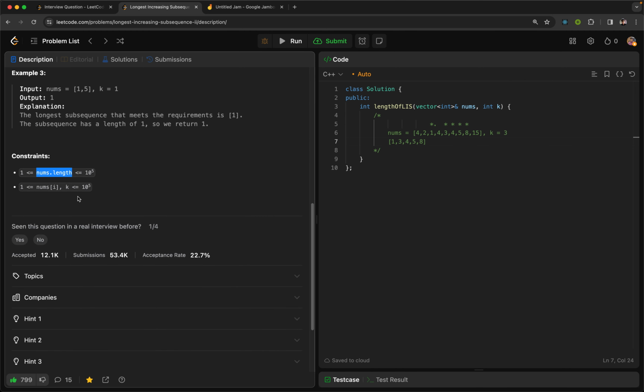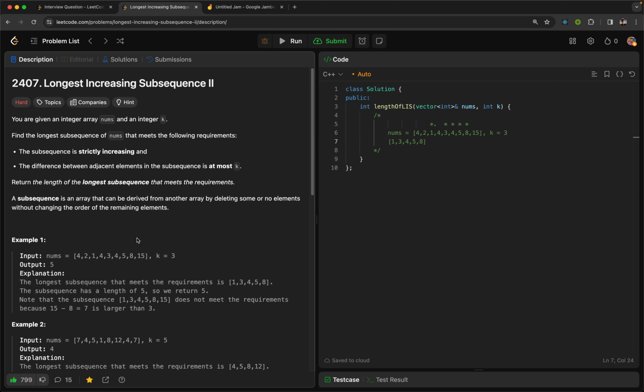However, we cannot do an order of n squared algorithm, because it would basically time out with an array of length 10 to the power of 5, and also we cannot have so much space to accommodate a 10 to the power 5 into 10 to the power 5 matrix. So we must think of some better approach to solve this problem, right?